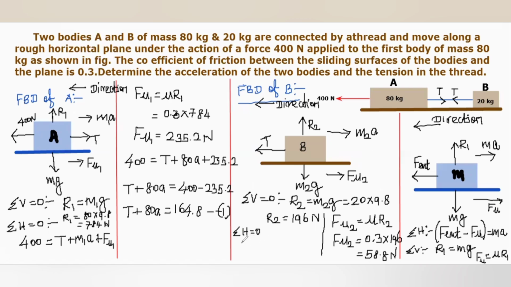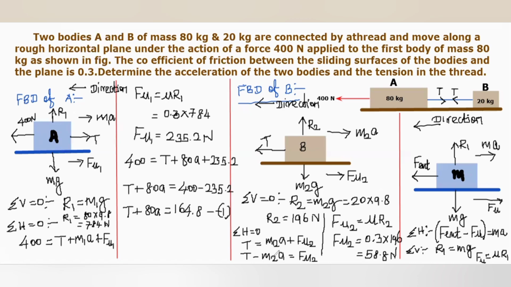So we can write T equal to M2A plus F mu 2, or T minus M2A equal to F mu 2. Here we know the value of M2, that is 20 kg, and we calculated the frictional force on the second object, 58.8 Newton.